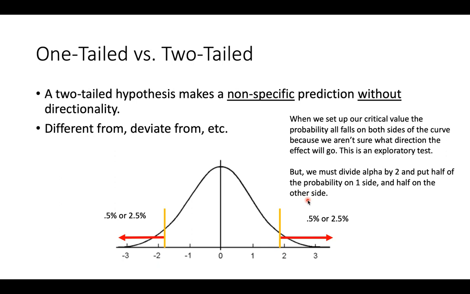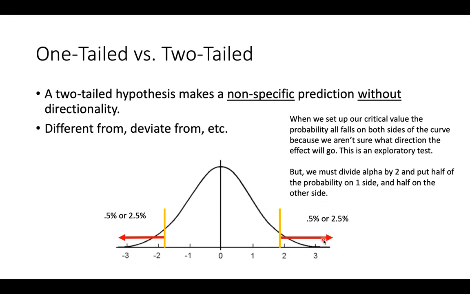So our sample will deviate from, will differ from, will not be equal to, right? These terms don't convey above or below, less, more. They don't convey directionality. The term deviate from or different from simply could mean less than, or it could mean greater than.